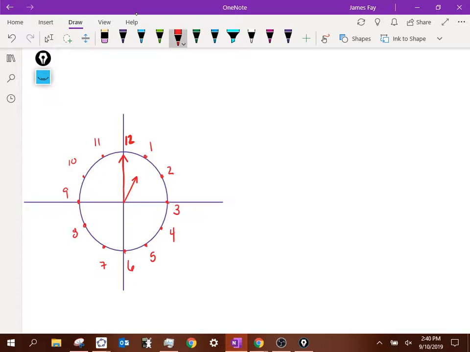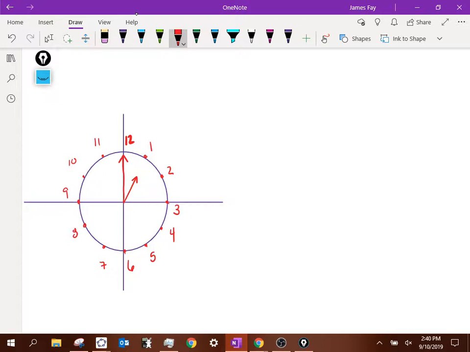So here's the logic, okay? Each hour is comprised of 60 minutes, right? So the space between 12 and 1 is the same space between 1 and 2, right? It's the same space between 2 and 3.